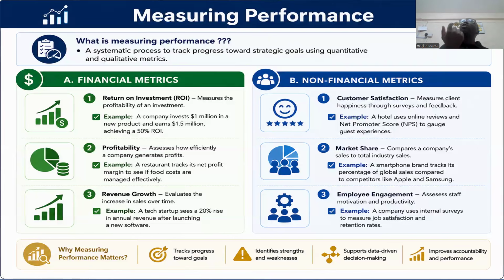So most of the organization, number one, they normally use what? Return on investment. So this one measures the profitability of an investment. Mathalan, a company invests 1 million in a new product and earns 1.5 million, achieving a 50% return on investment.